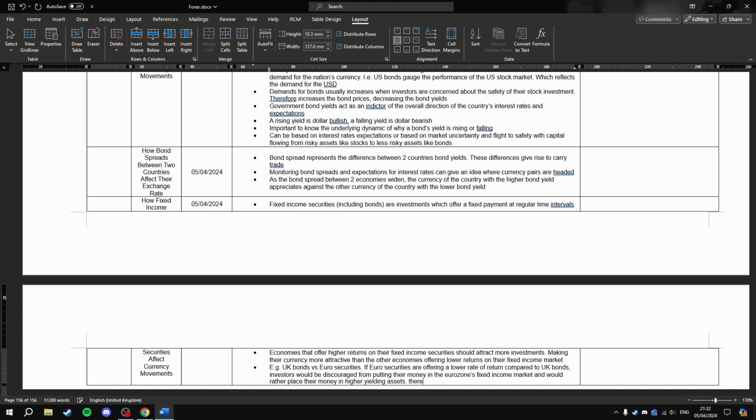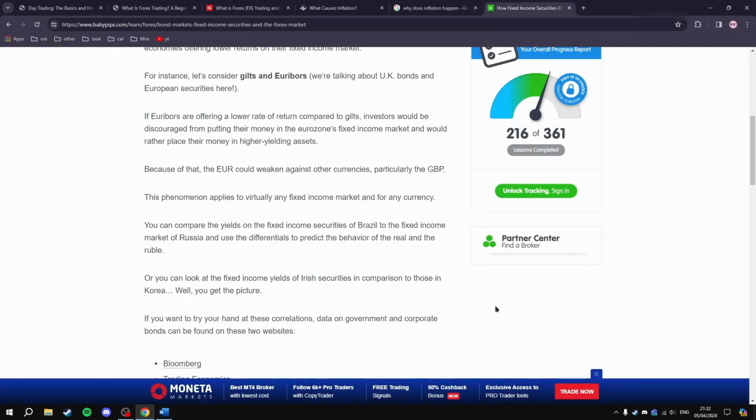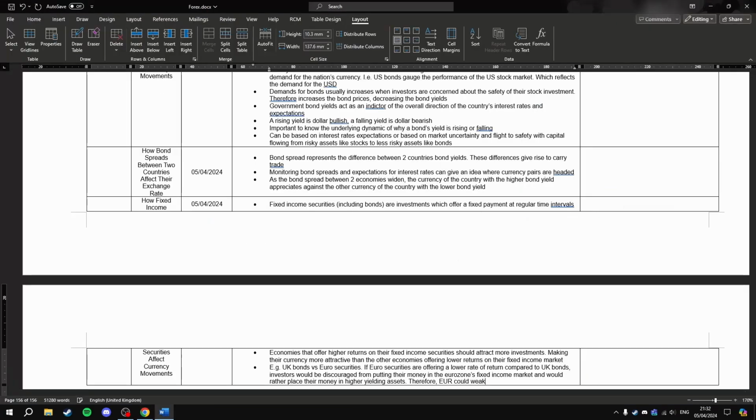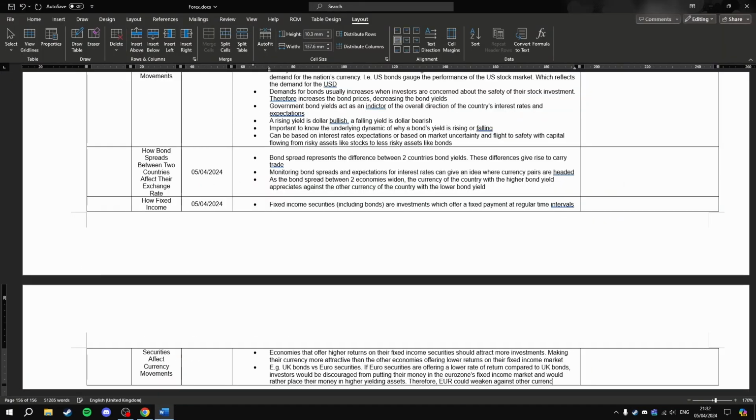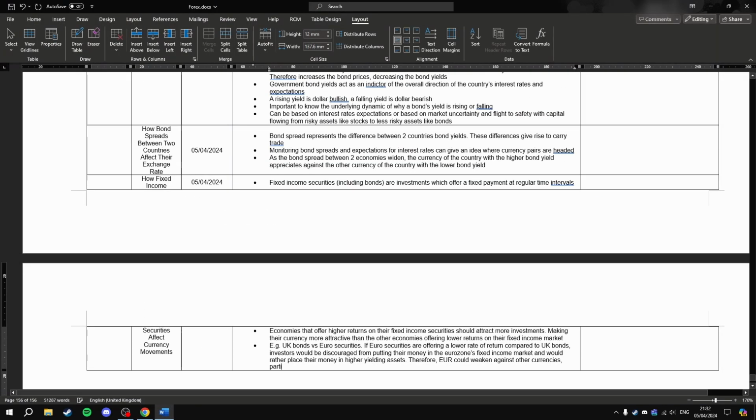Therefore, EUR could weaken against other currencies because there is less demand for the euro. So if there's less demand for it, then the price is going to drop, so the currency is going to weaken. Particularly the GBP.